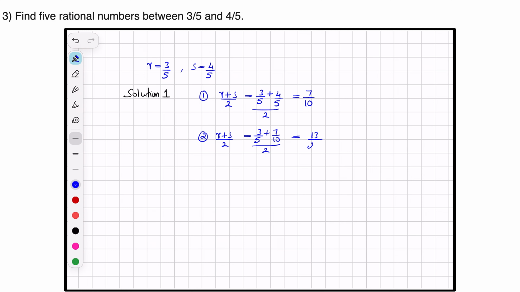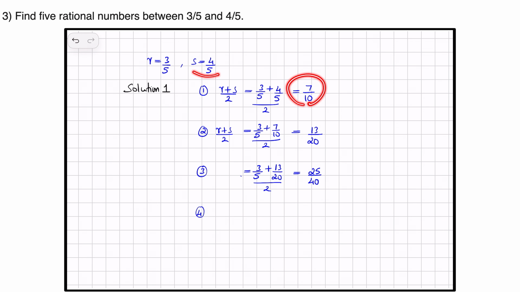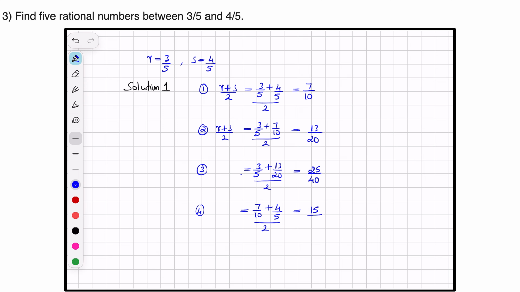13 by 20. For third number, I will keep the same r and I will update s as this, so that at least one of them is simple. (3 by 5 plus 13 by 20) by 2 will get 25 by 40. For fourth number, I will use r as 7 by 10 and s as 4 by 5. You will get 15 by 20.